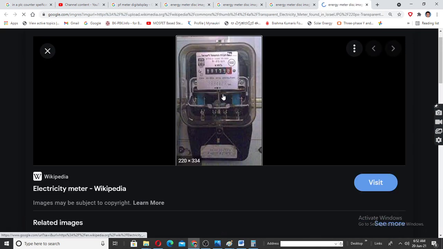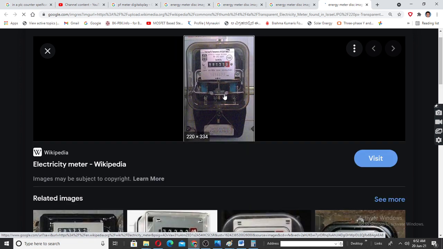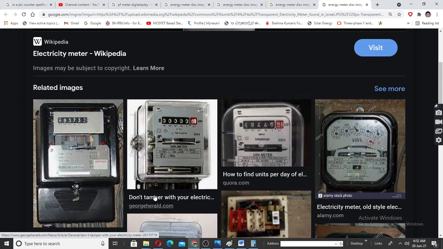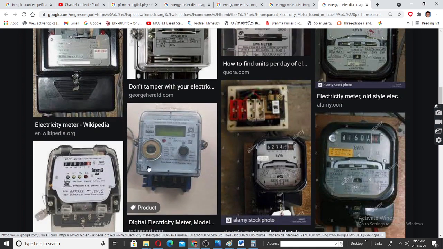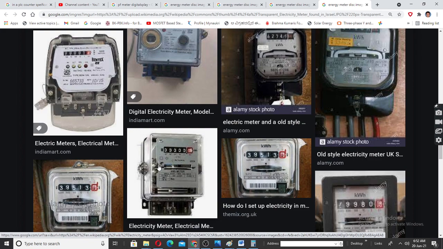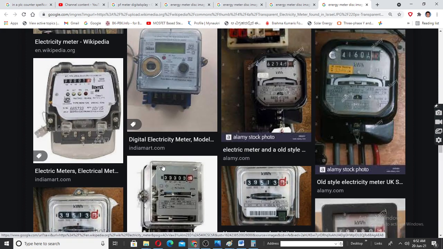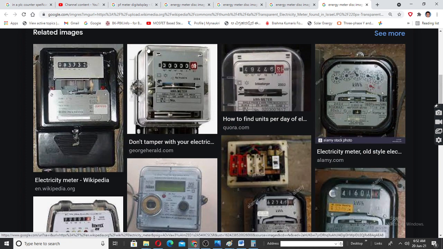See here, there is a red mark here. If you observe in your home, you can identify if it is an analog meter. If it is digital, you cannot.